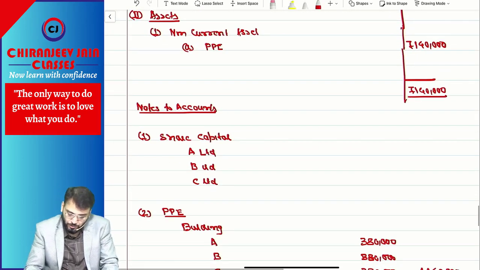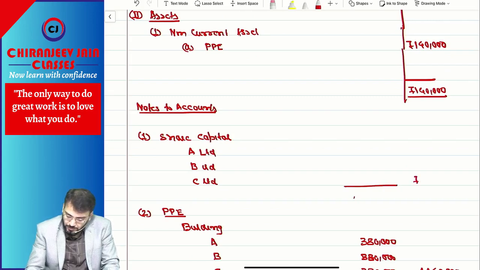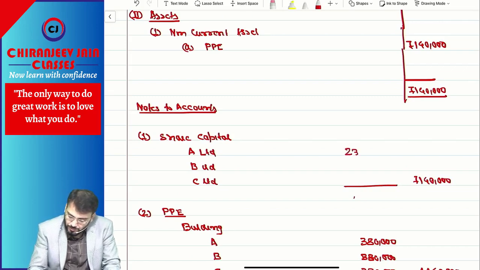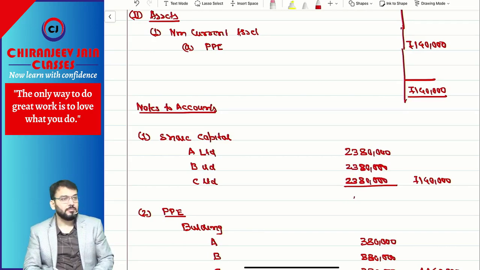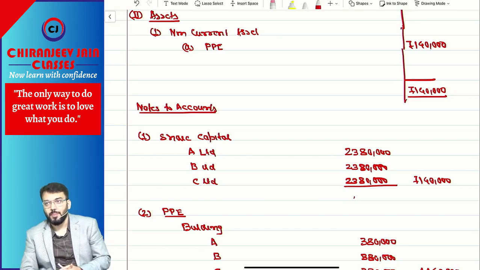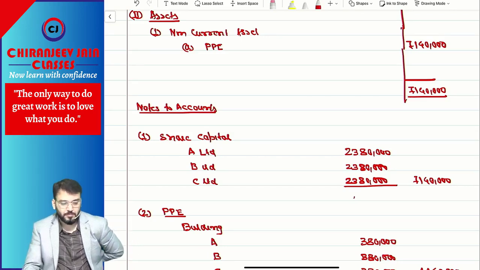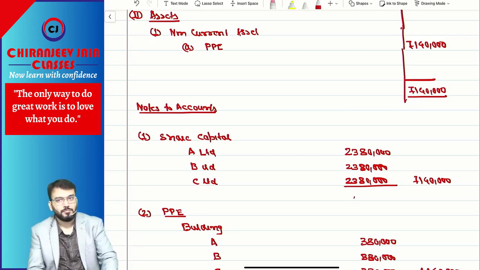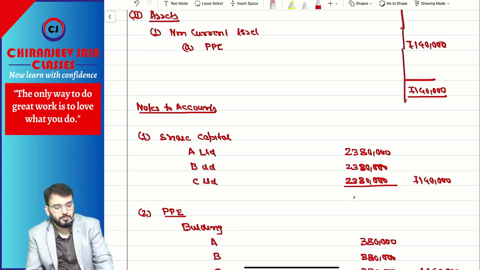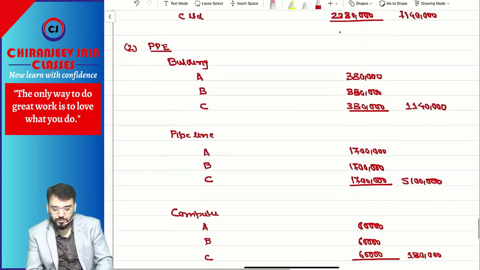So how much capital will come in notes to accounts? 71 lakh 40,000. Divide by 3, 23 lakh 80,000 each. Understood?